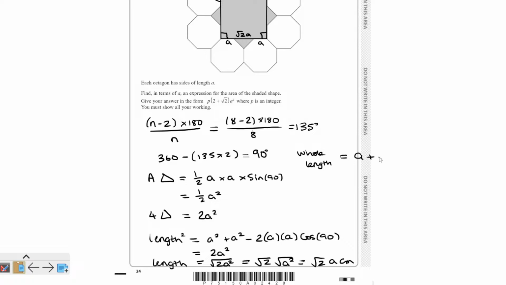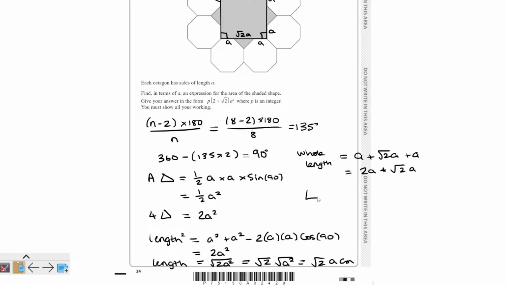A plus root 2A plus A, which would simplify to 2A plus root 2A, because you can't obviously add 2 and root 2. And then we know it's the same vertically, don't we? That's another A there, that's another A there, and then it's the exact same distance, because it's the same triangle, isn't it?